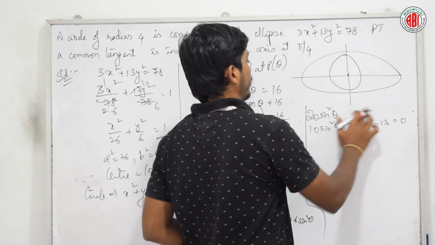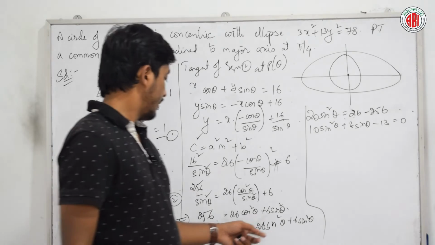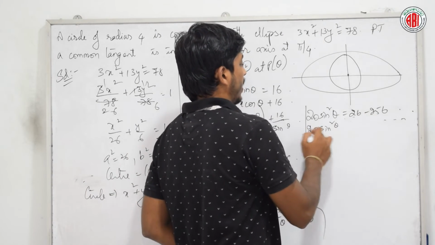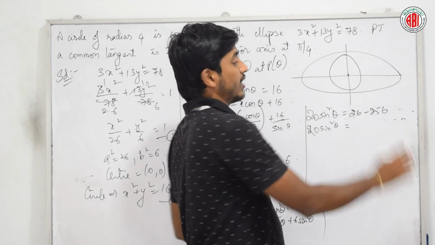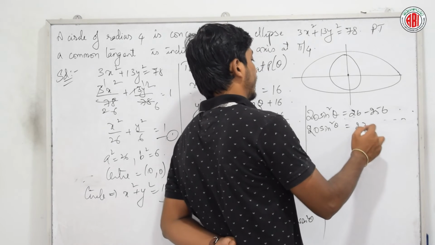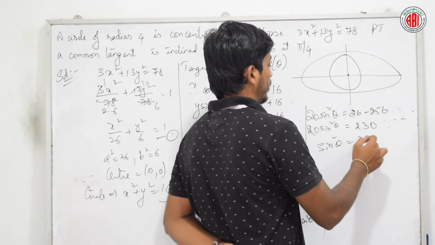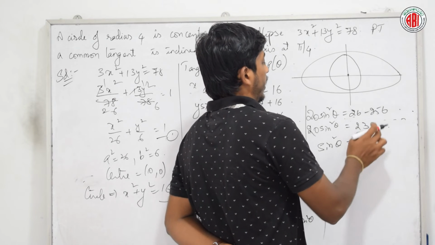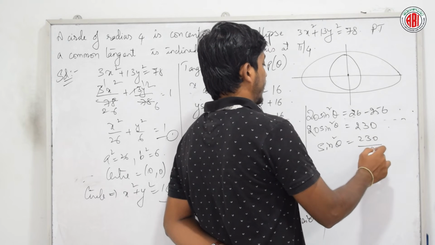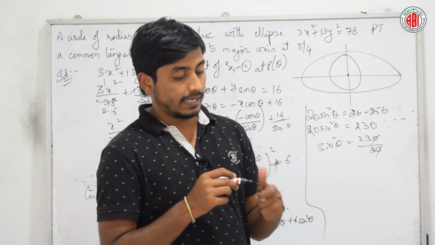Here we will just remove this. This is 26 minus 256. Right? Now just tell me, 20 sin square theta is equal to 26 minus 256. How much is it? That is 230. So sin square is equal to 230 by 20, right? So what is the value of sin theta?